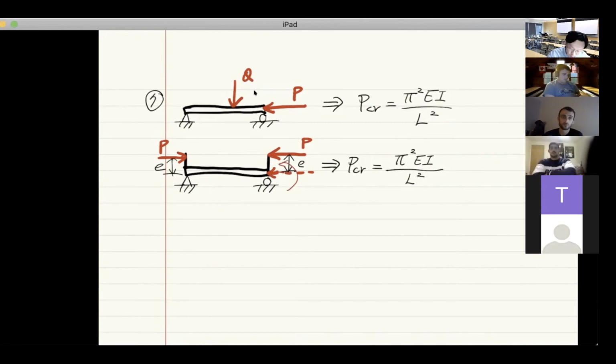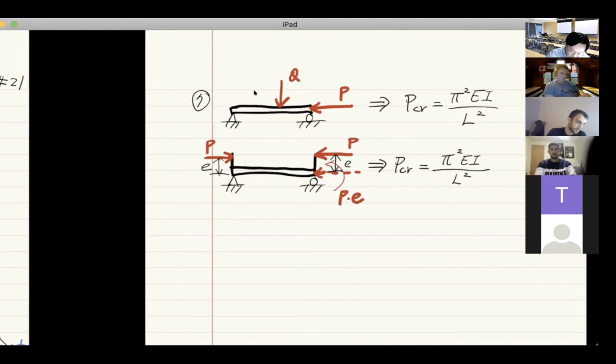So that actually equals this. When you move the P from the end of this extrusion part to the support, it equals the combined action of an axial force P and the bending moment. And the moment, as you already know, is just P times e. Correct? So that's what we did. That's how we solved this problem.